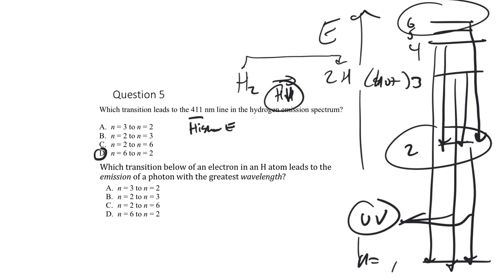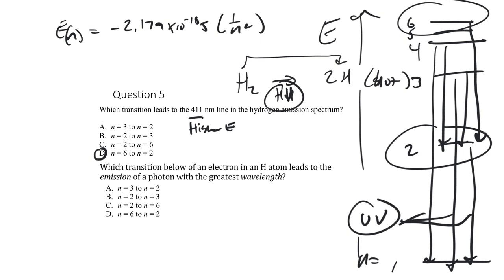And so now if we want to show this, we could show this using math and the Bohr model equations. The energy as a function of n for hydrogen is equal to negative 2.179 times 10 to the minus 18 joules times 1 over the n value squared for the H atom.